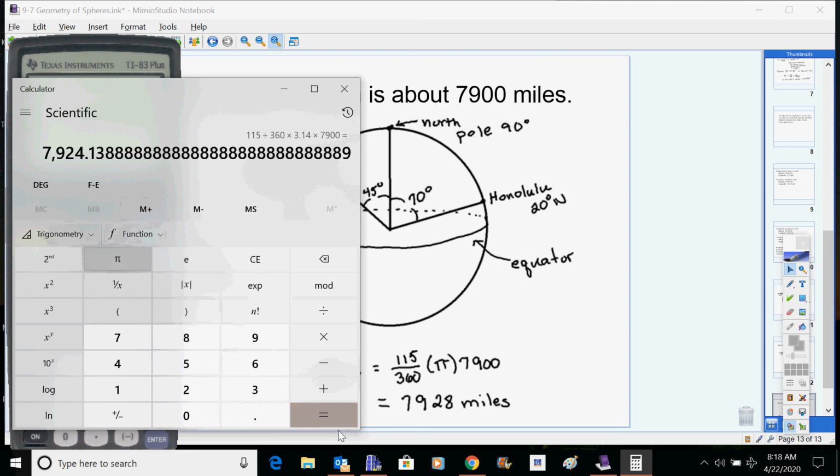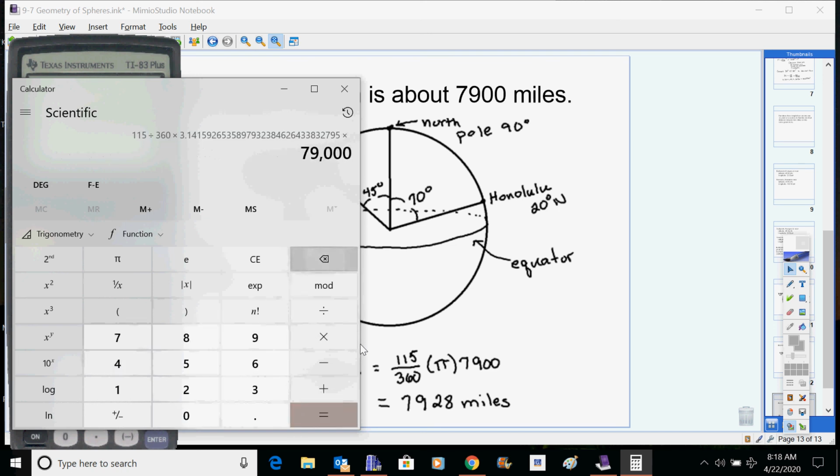No, there is a pi on here. So let's go back and do this with pi. I missed seeing that. So you can look around a little bit to find it. We are a little bit off if you just use the 3.14. But let's do this again. 115 divided by 360 times pi times 7,900. 7,928.